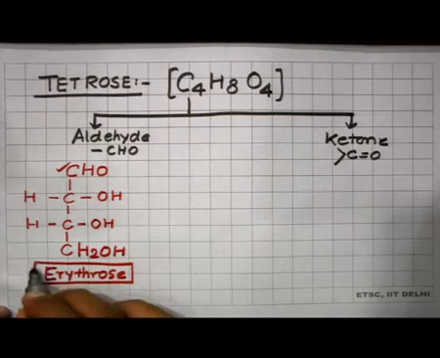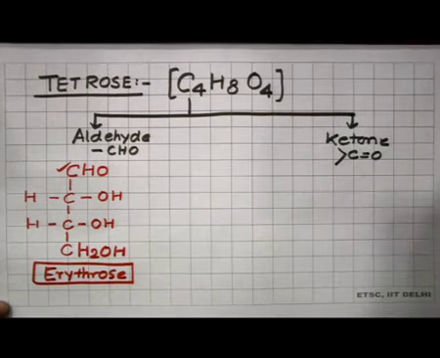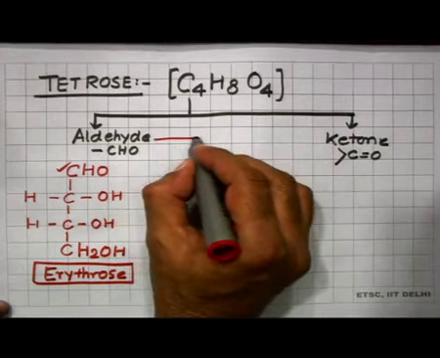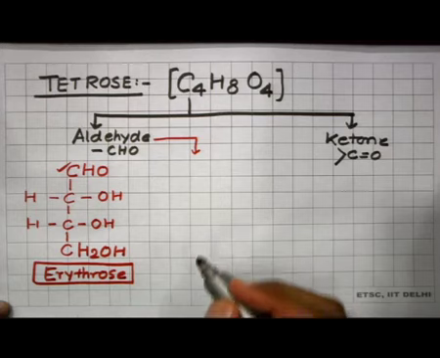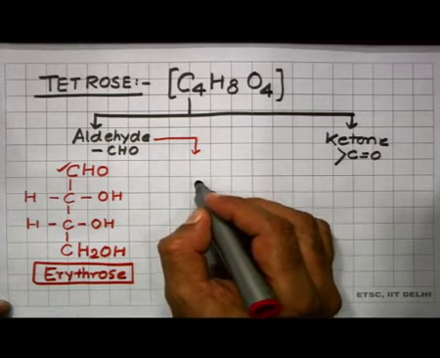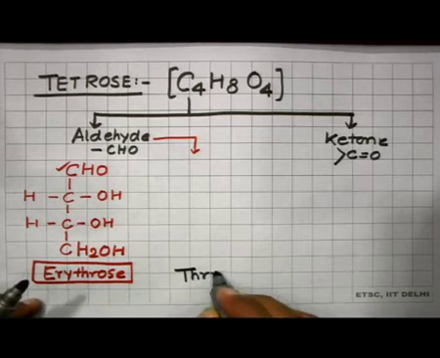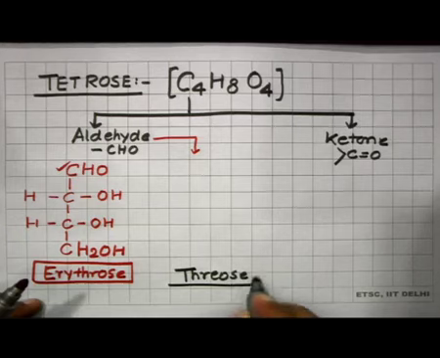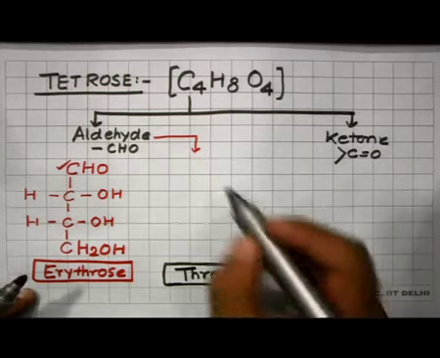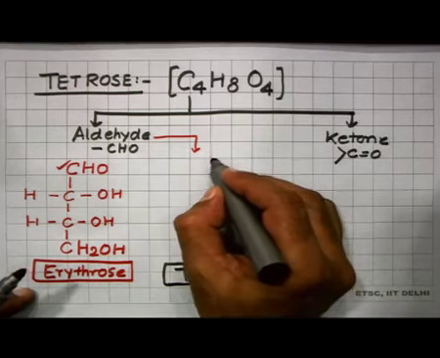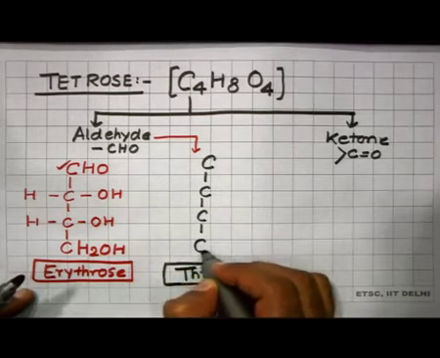This is also used in photosynthesis, that is in the Calvin cycle. The another aldehyde of tetrose which is frequently used in biochemistry is threose. Threose is a tetrose, the formula will be same, that is carbon 4, you can easily write 1, 2, 3 and 4.